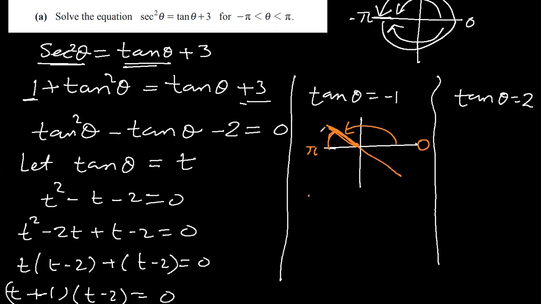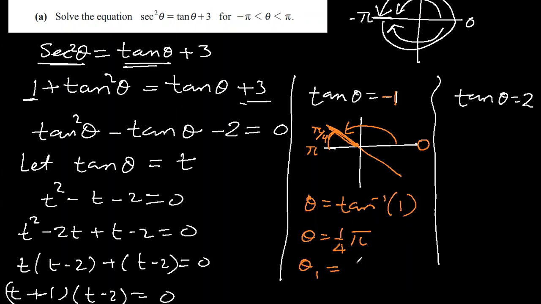That angle, let's call it theta, equals tan inverse of positive 1, because I have already selected the negative quadrant, so there's no need to write negative here. Tan inverse 1 will be 45 degrees or pi over 4. So this one is pi by 4. So our answer in this case will be theta 1. The first answer is pi minus pi over 4.